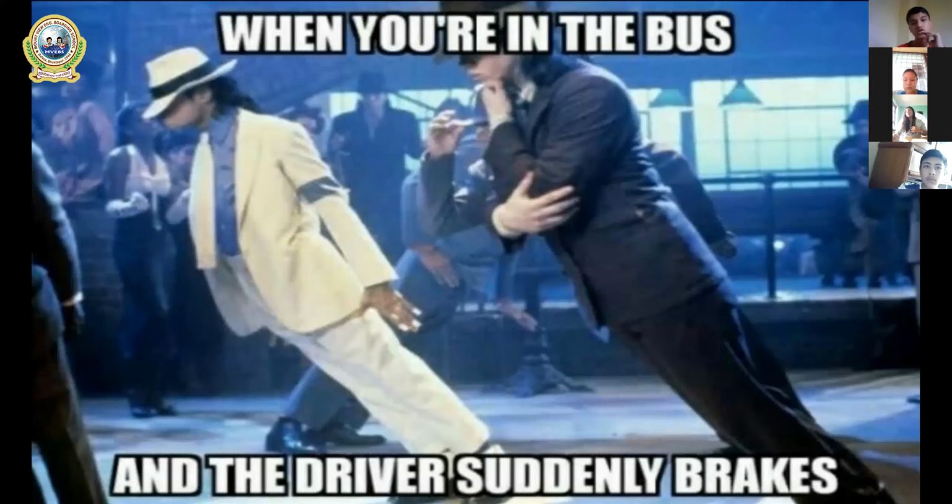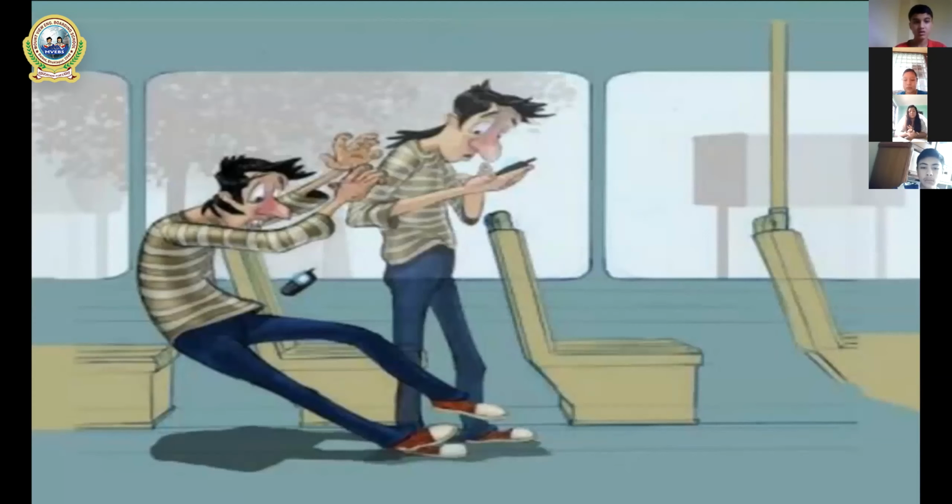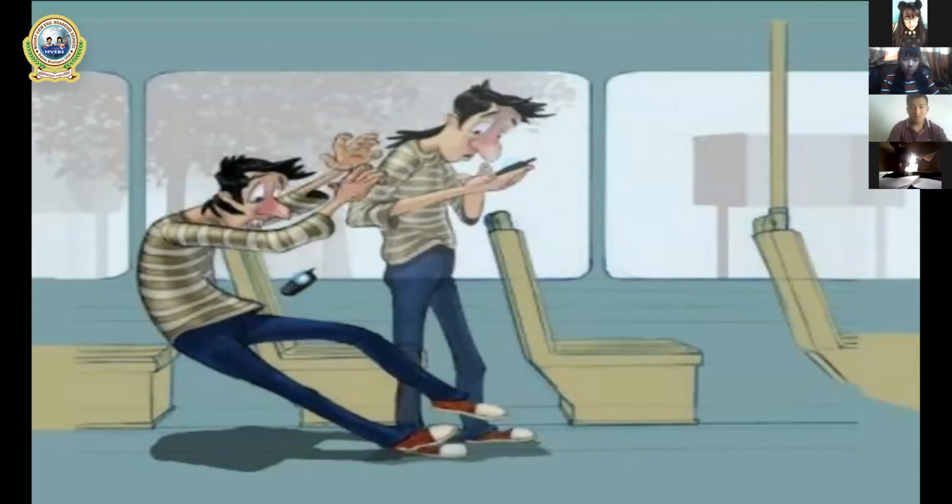And I have another picture also. Now please observe this picture carefully and give me the answer. The same question: which state or which inertia can you see in the given picture? Inertia of rest.